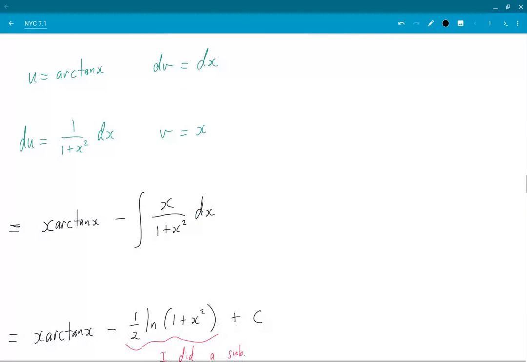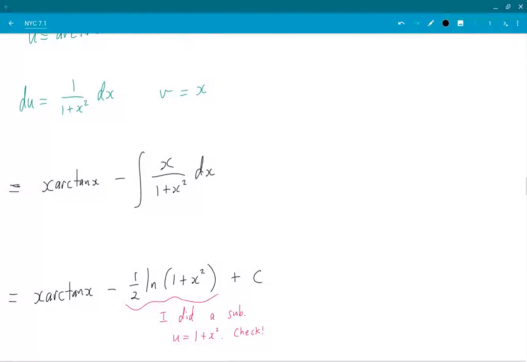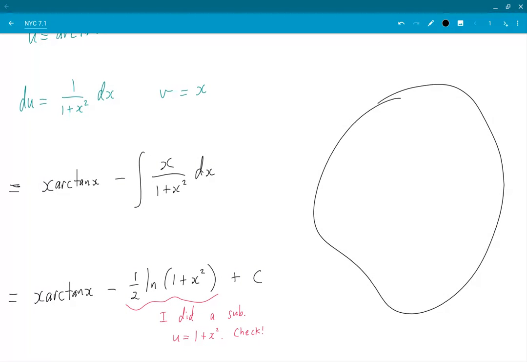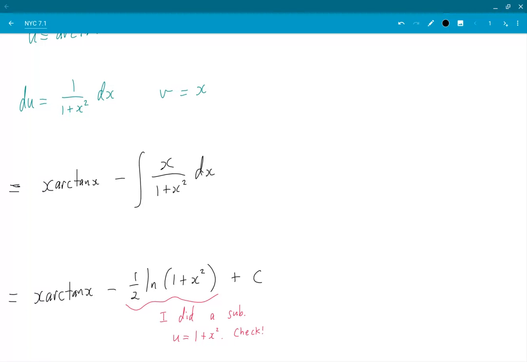So that's what I did. To do this integral, I did a substitution, back to 5.5, and I worked it out. I'm not showing my steps, but you can do it on the side here. While you're watching these videos, do not be afraid to pause and work things out.